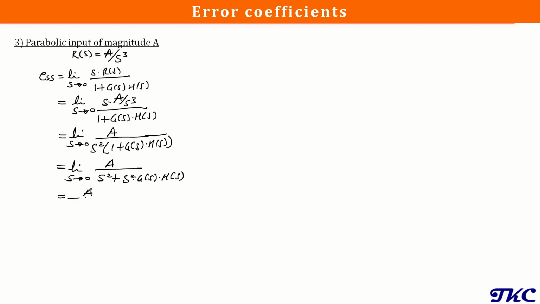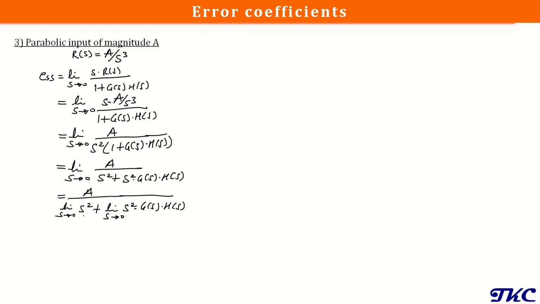So we will be having A by limit S tends to 0 S square plus limit S tends to 0 S square into G of S into H of S. Now again for this first term we can take the limit because it is a separate term and it does not depend on the information of the system.